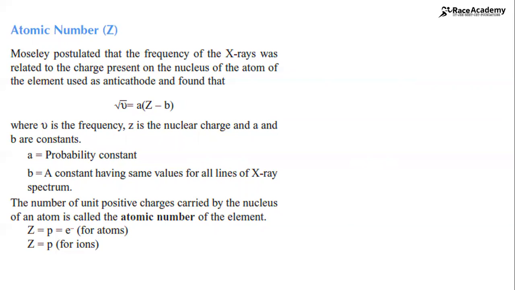The number of unit positive charges carried by the nucleus of an atom is called the atomic number, with Z as the symbol.